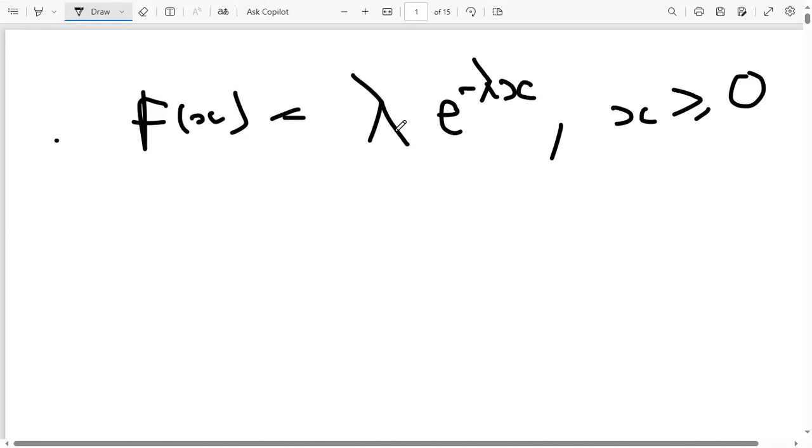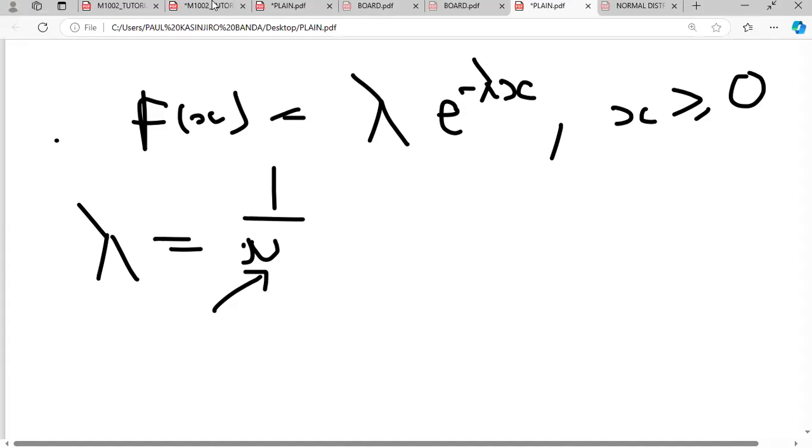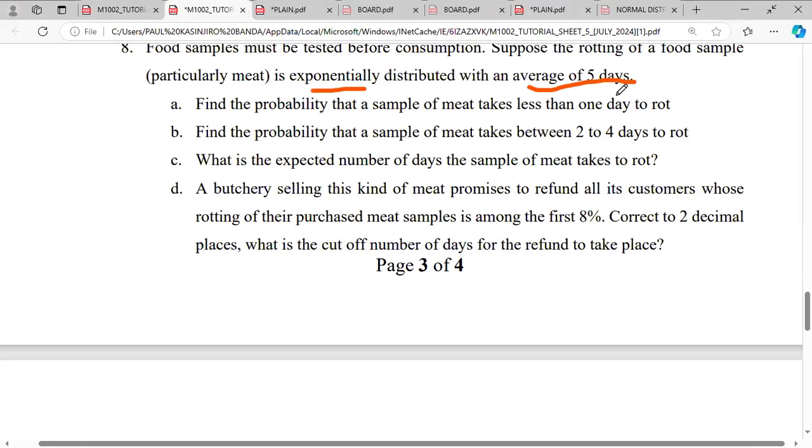So how do you get this parameter, the lambda? You say this lambda will be equal to 1 over mu. This mu that I've written down represents the average that you are always given in the question, or I can say the mean. In this question, we are told that the average is 5 days.